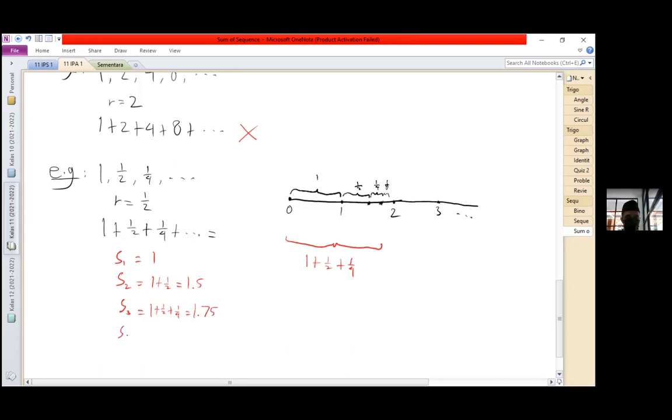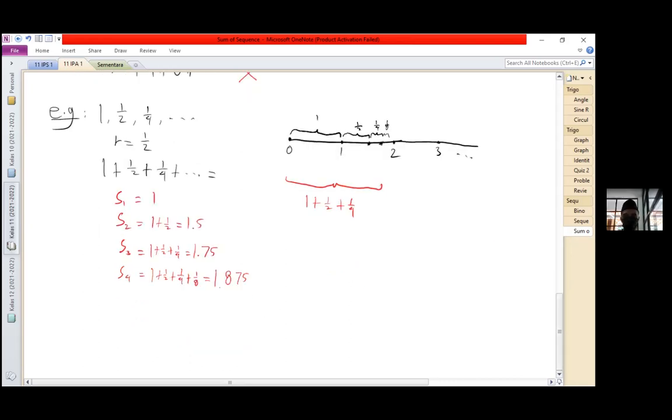And then the fourth sum, if we add the fourth term, then we'll have 1.75 plus 1/8, which is, let's see, 1.875, and so on.